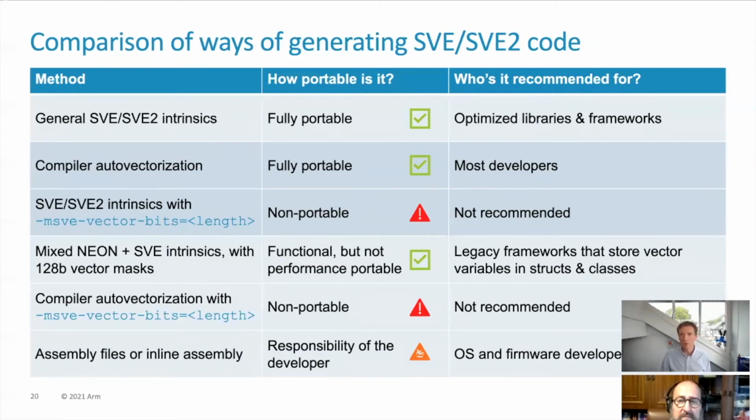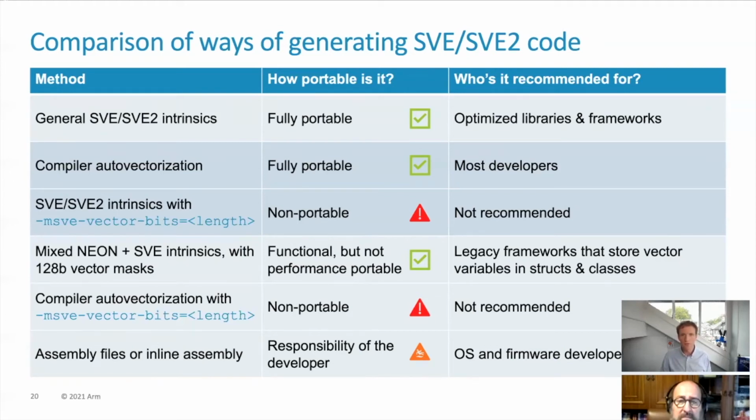This is recommended for optimized libraries and frameworks like Vectorscan, where you want direct control over the vector instructions used. When written carefully, the resultant code is vector length agnostic and fully portable across different implementations of SVE2. We would still recommend testing your code with multiple vector widths to guard against bugs that break vector width portability.